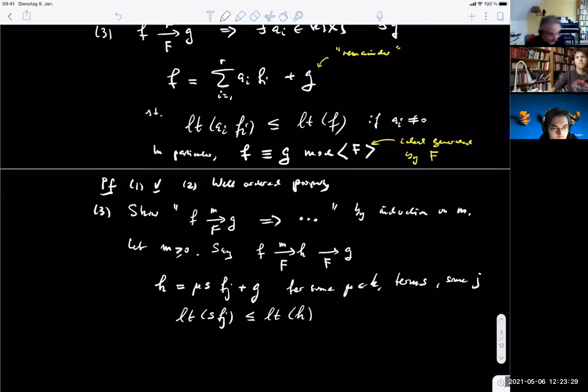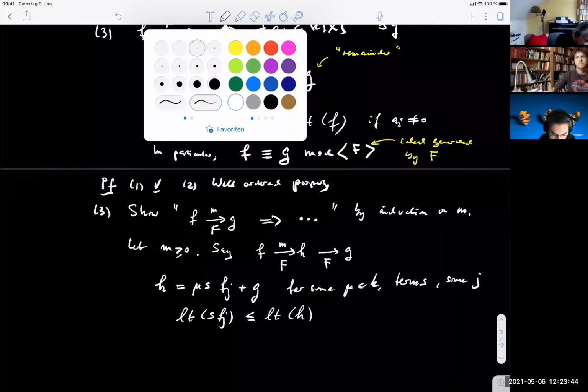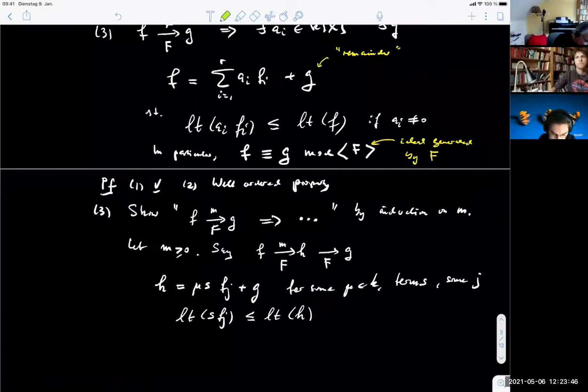The best way, if you don't see it, is always to have a pictorial description. I like to see it this way. Maybe I put dots here, maybe in color. My dots stand for the terms. So I have here H. This dot is for the leading term of H, and the other terms are smaller.